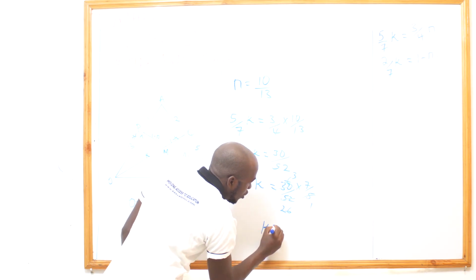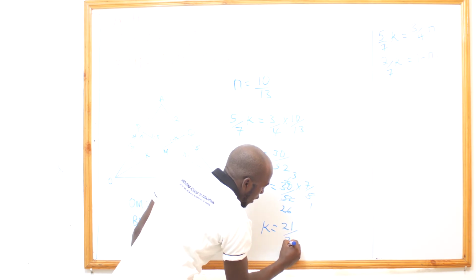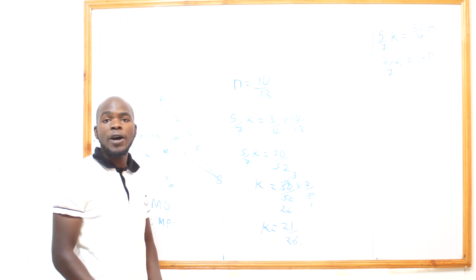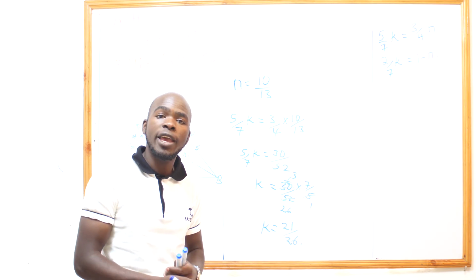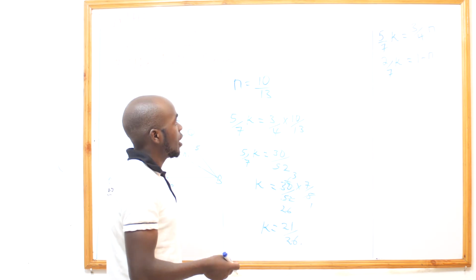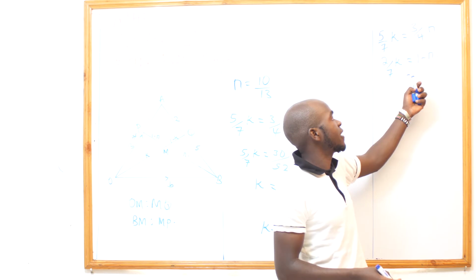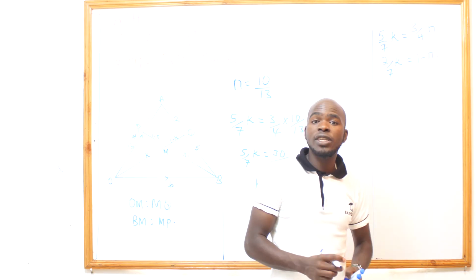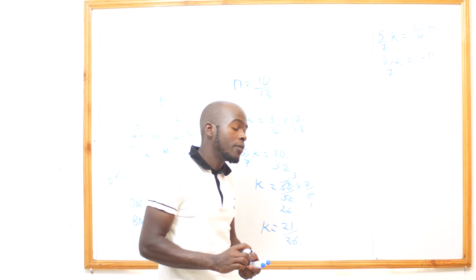So k is going to be 21 over 26. So we have found in both cases the value of k and the value of n. Even if we substitute using the second equation, we shall find the same value.